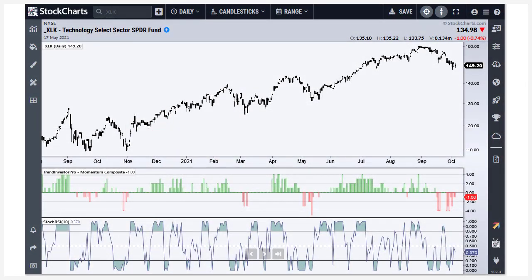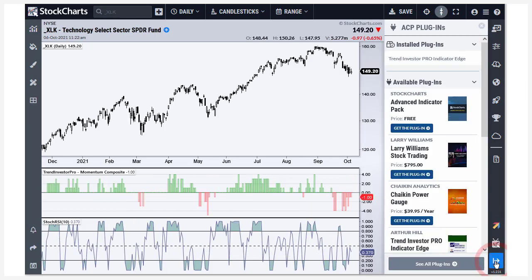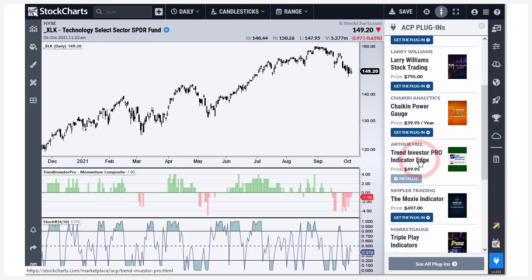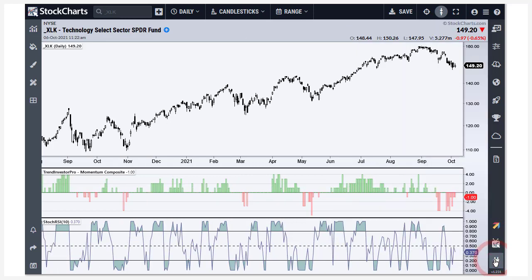So I'm here on StockCharts ACP, and I've got one of the indicators from the Trend Investor Pro Indicator Edge plugin in the middle there. That is the Momentum Composite. And on the lower right, you see the plugin icon there, and you can click that to learn more about this plugin and the indicators available.